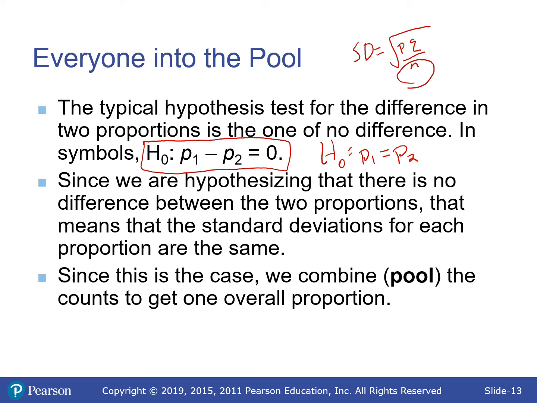Anyway, when this is the case, we can pool the standard deviations, and we're going to talk about pooling, and this particular book says that it's very important. Other books say that it's not particularly important. The AP test doesn't particularly care one way or the other.